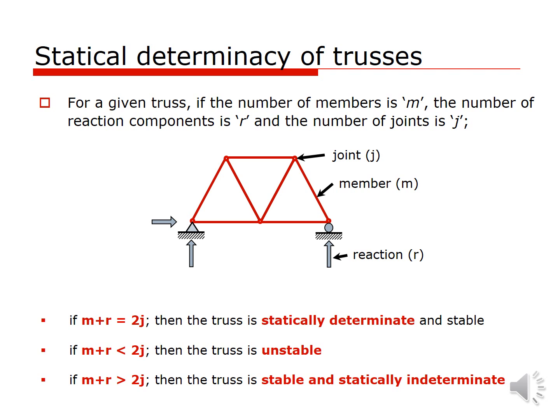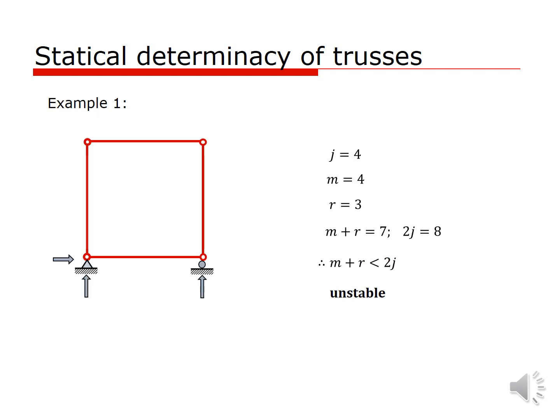Also, if M plus R is greater than 2J, the truss is stable but statically indeterminate, which means it is stable, but we can't calculate the member forces or reaction forces using the statical equilibrium equations.